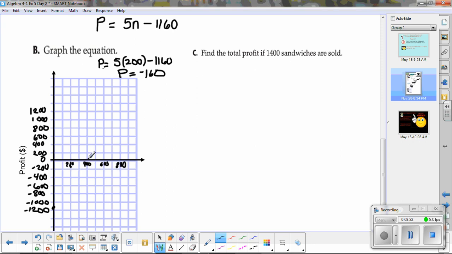Let's go ahead and try another one as well. Let's do 400. If I plug in 400, the profit is going to equal 5 times 400 minus 1,160. 5 times 400 is going to equal 2,000. 2,000 minus $1,160 is going to be $840 profit.